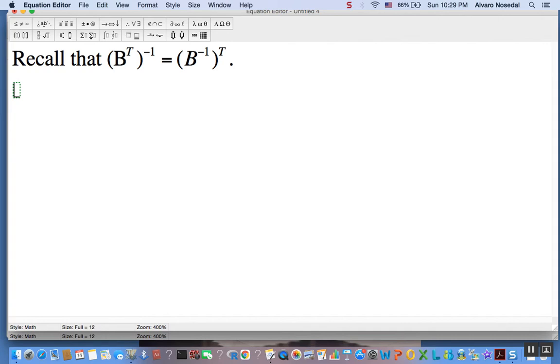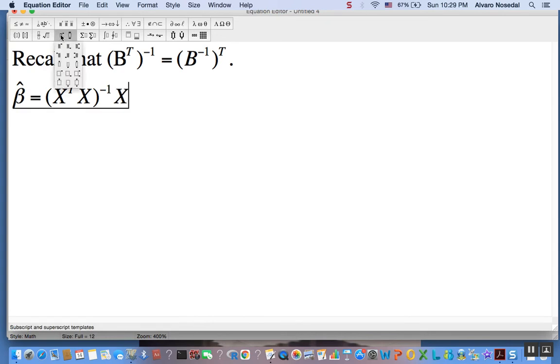Another thing, we have to recall the expression for beta hat. You have seen it before, even when we talked about simple linear regression, we used this kind of expression for beta hat.